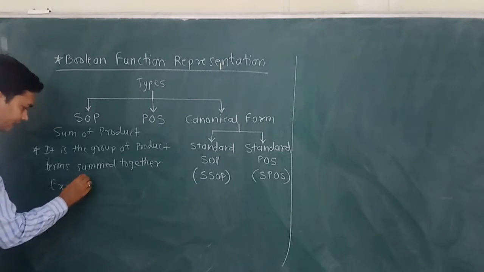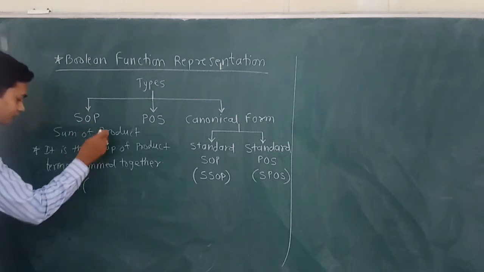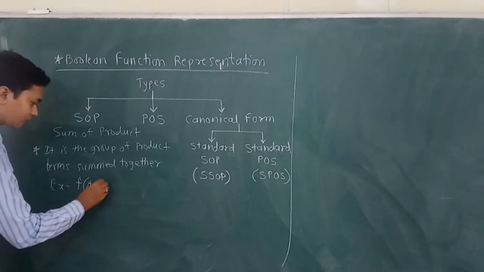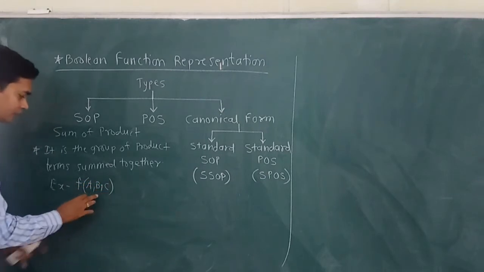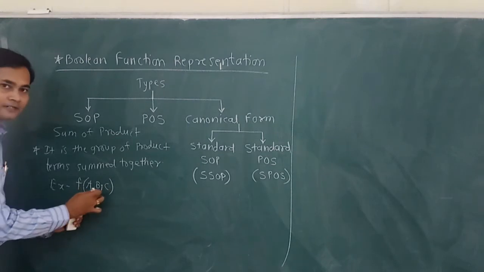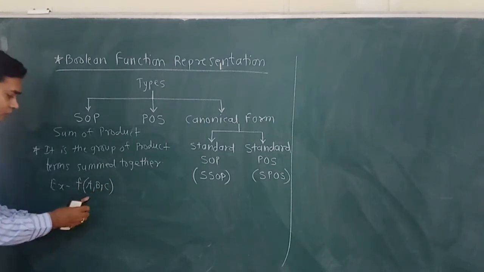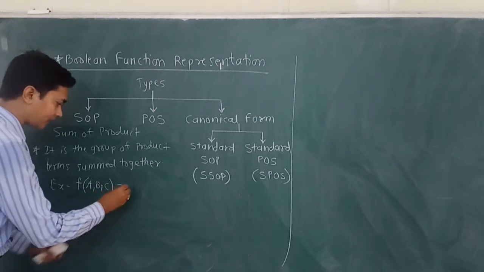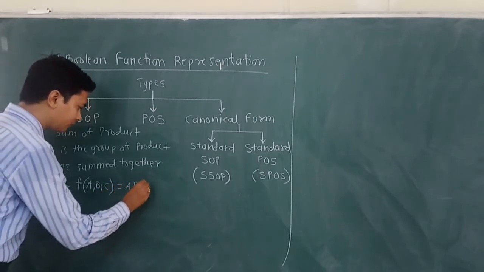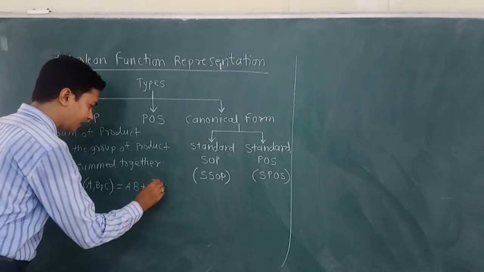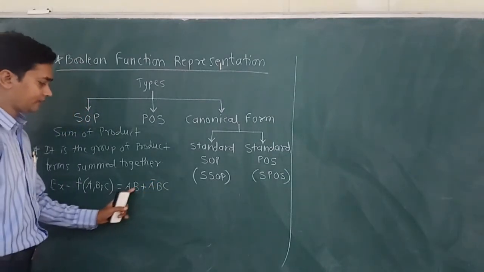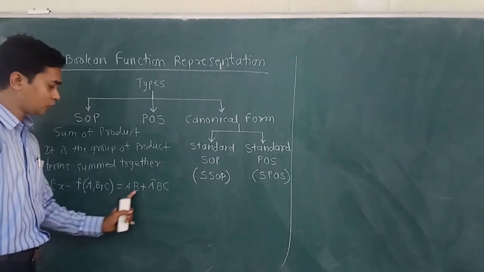SOP is written in the form of f of a, b, c. Here these are the variables which you are using. Suppose I write ab plus a bar bc. This expression has only two terms.